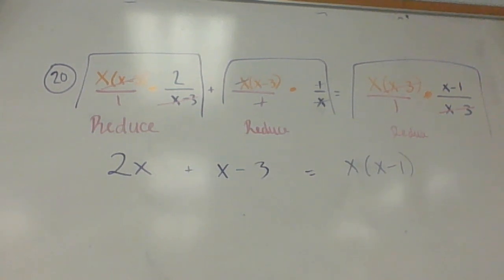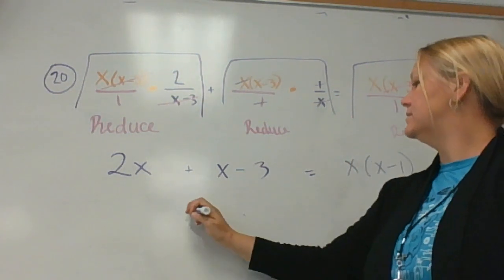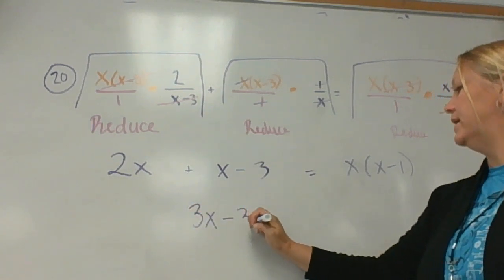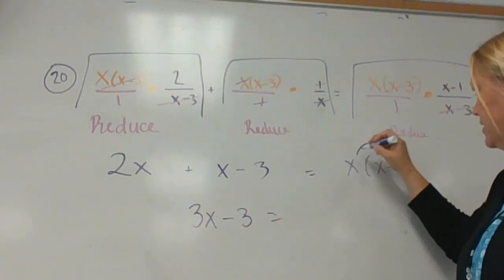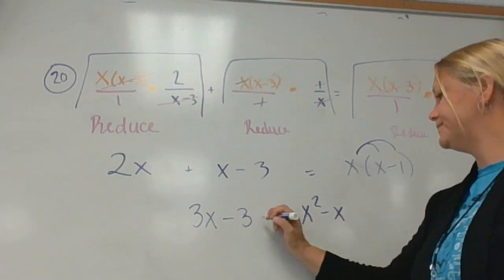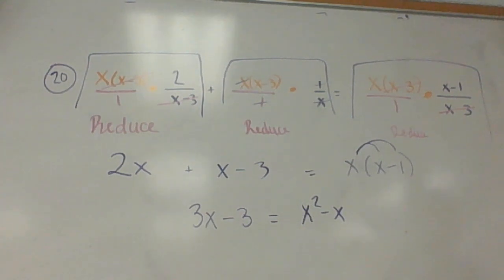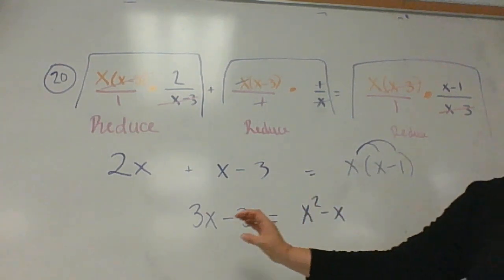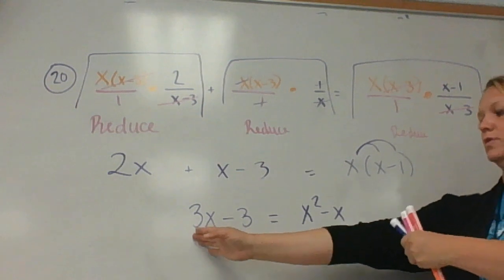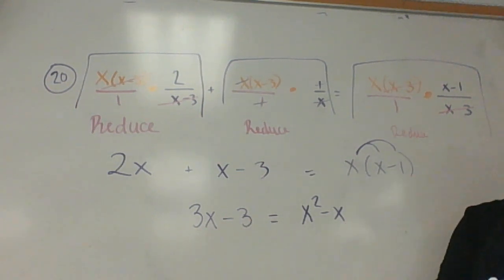Should I keep going? You want to finish it? You finish it, Ethan? Okay. I'll combine my terms. 2x and x will be 3x minus 3. I'll distribute this. X squared minus x. Because it's x squared, we'll have to set one of these equal to 0. So I'm going to move these to the other side because I want a 0 with all quadratics.